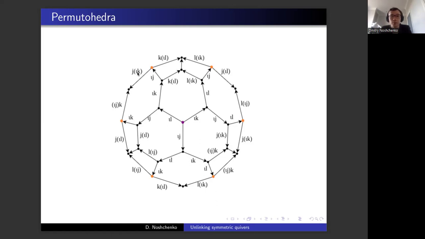So if you remove the node iota, this node still survives, and j, of course, and k, and so on. So this is the main idea how one can build up general permutohedra for arbitrary quivers. And maybe for today I would finish, and if you have any questions.